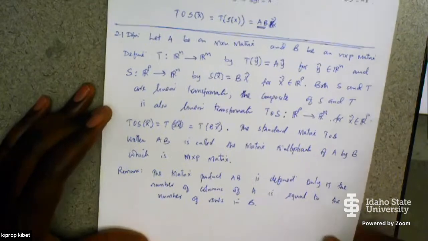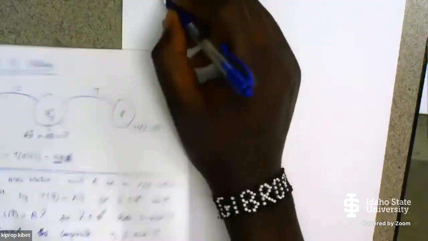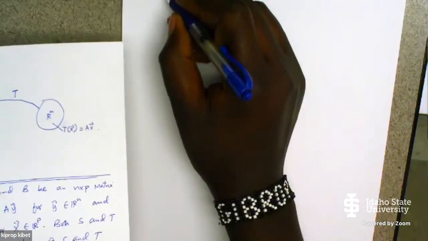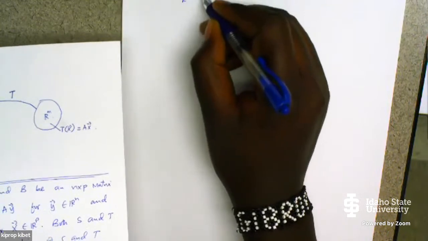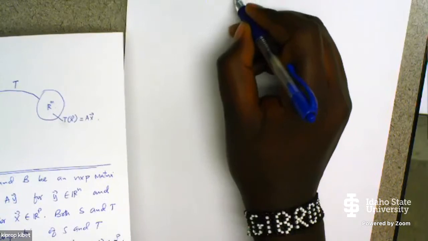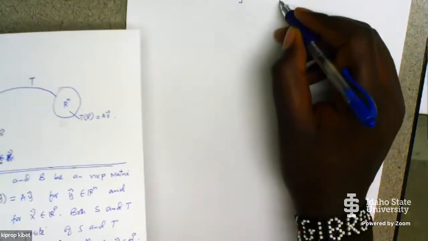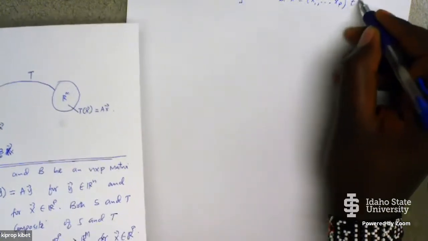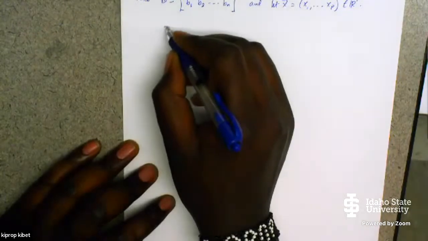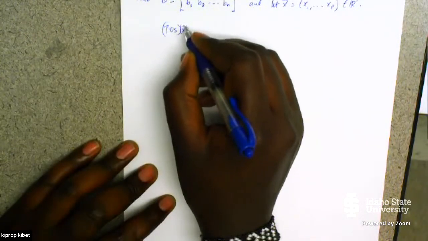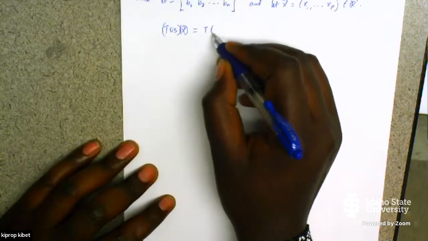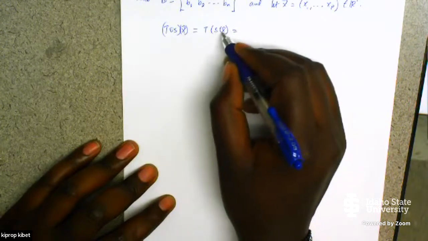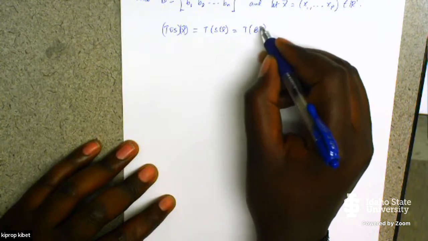And we can write this like this. If we let B equal B1, B2, all the way to BP, and let x equal x1 all the way to xp, and these are elements of R^p, then T of S of x is T of Bx, since S of x is the same as Bx.